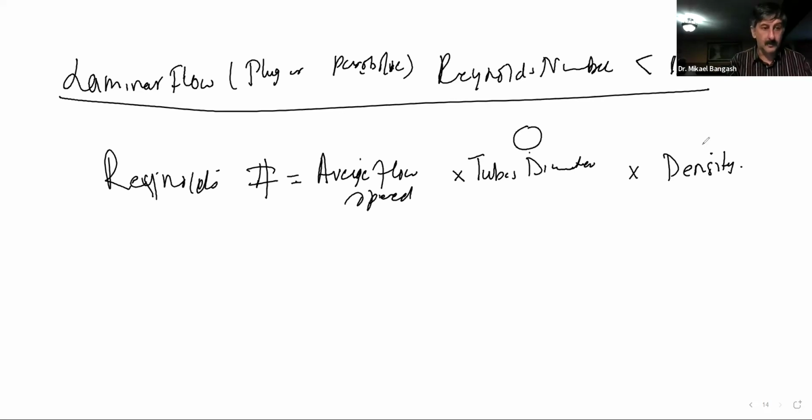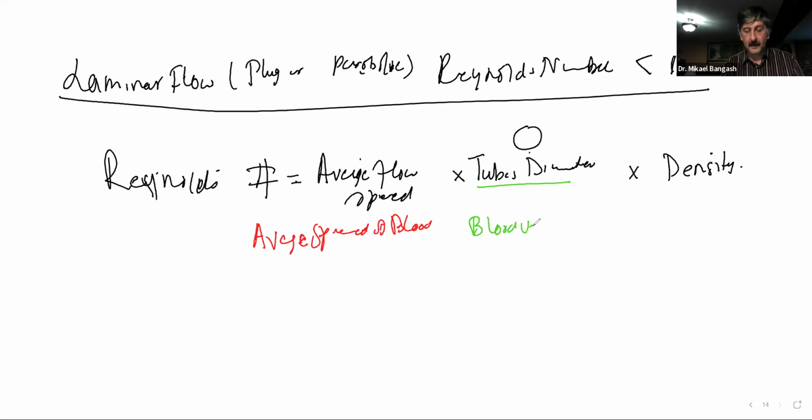So here, what is this going to be? This is going to be the speed of blood. Or let's just say the average. Right? By the tube's diameter, what we mean in this case is going to be the blood vessel's diameter, or more accurately the blood vessel's lumen's diameter.